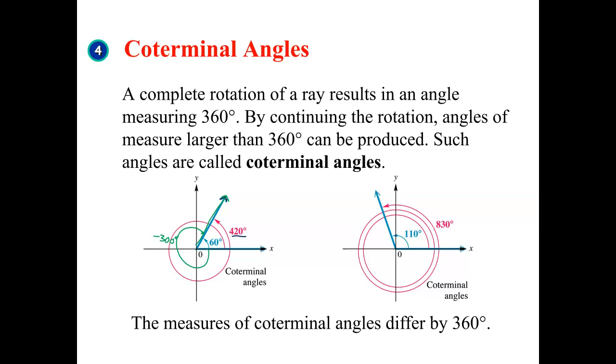I can do 110 degrees, and then I can do 2 full rotations plus another 110 degrees to still end up at the same place. Okay? So oftentimes we're given angles that are greater than 360 or maybe less than 0, but we need to know what values are associated with it. So we need to make sure that we can find the coterminal angle so that then we can actually use it.